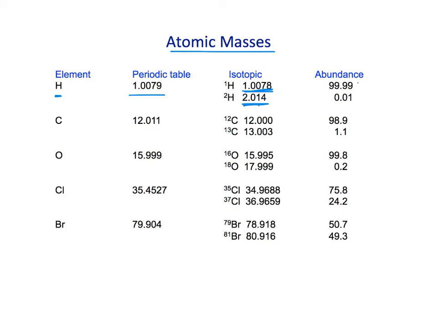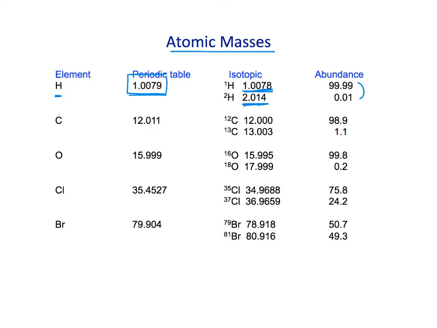And those are in a 99.99% to 0.01% ratio. Notice that the periodic table mass over here doesn't correspond to either of those isotopes, but what that represents is a weighted average of those two masses.